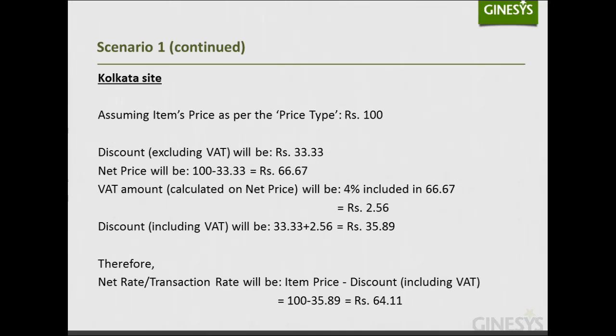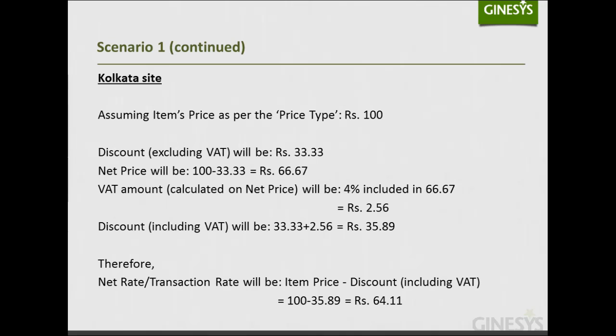VAT amount calculated on net price will be 4% included in 66.67, that is rupees 2.56. Discount including VAT will be 33.33 plus 2.56, that is rupees 35.89. Therefore, net rate, or say the transaction rate, will be item price minus discount, which is inclusive of VAT, that is 100 minus 35.89, and will result to rupees 64.11.